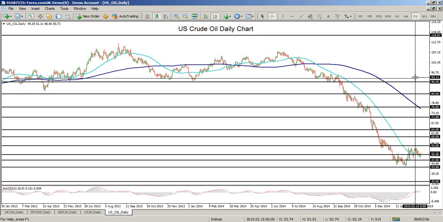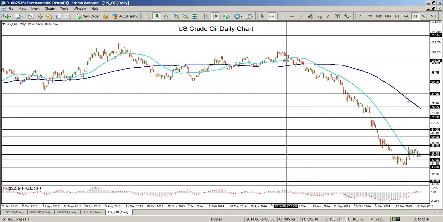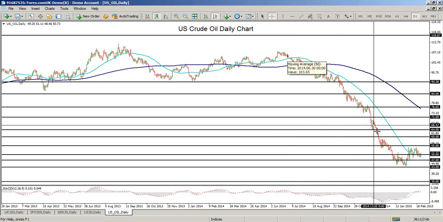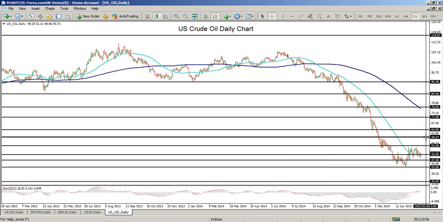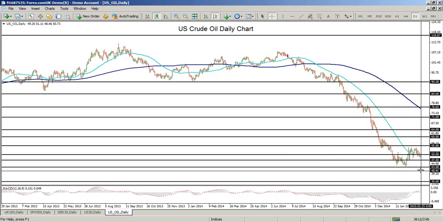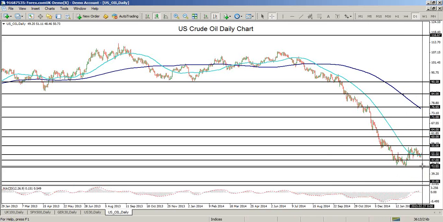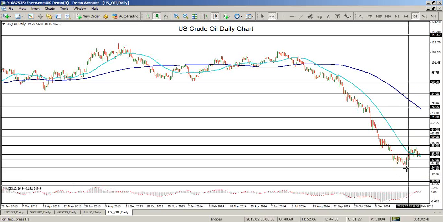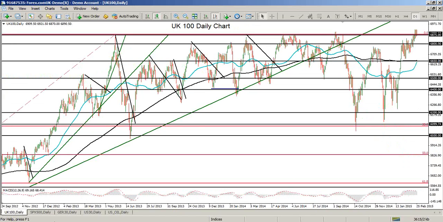I don't think we're going to get near where we were just last year, but there could be a bottoming out and a potential move up towards the 60 level at least if there's a breakout above 55, on a shorter term basis. But still, a very strong downtrend on crude oil.